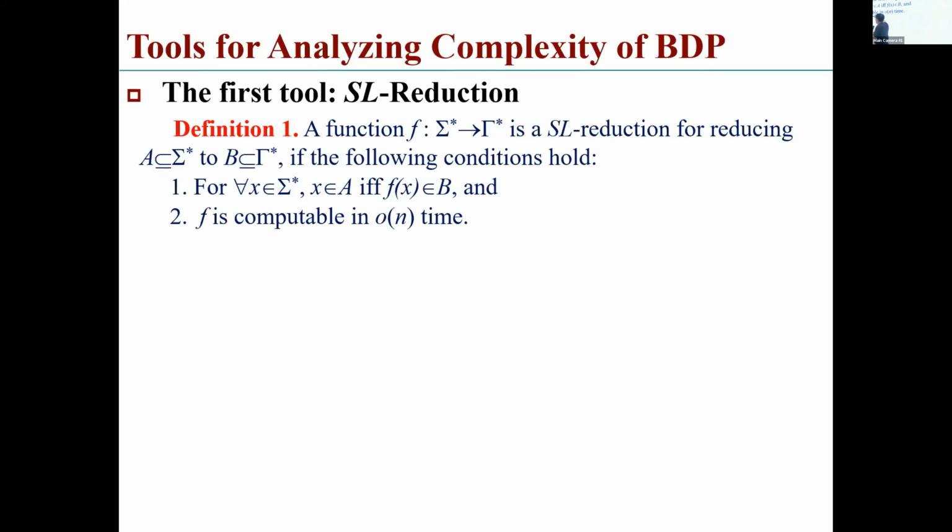One, for any x in sigma star, x is in A if and only if f(x) is in B, and f is computable in sublinear time.